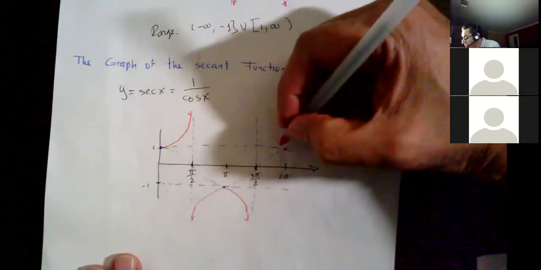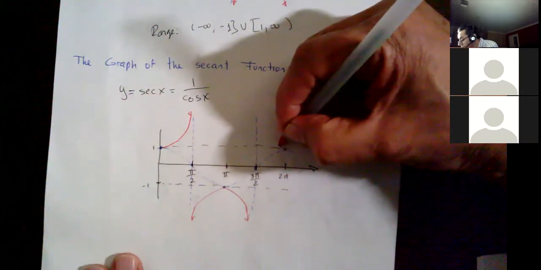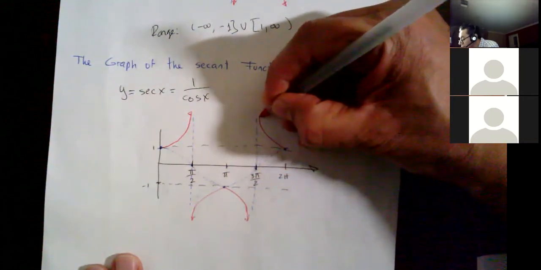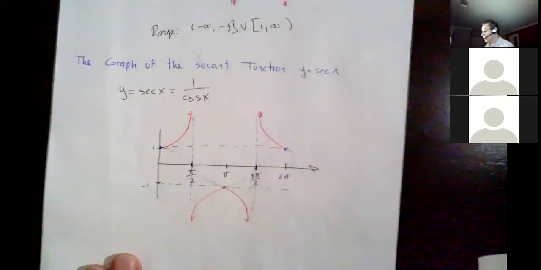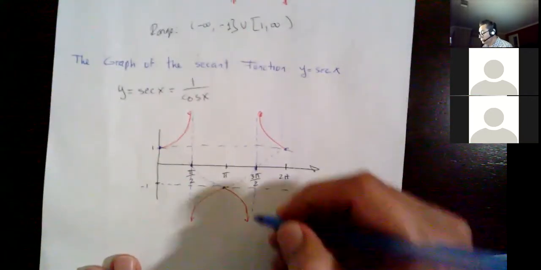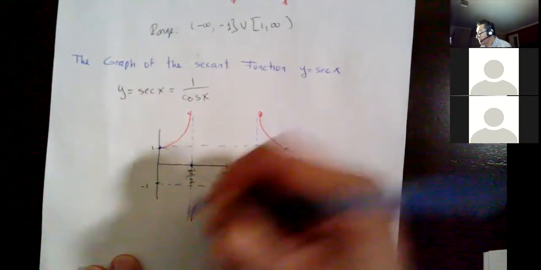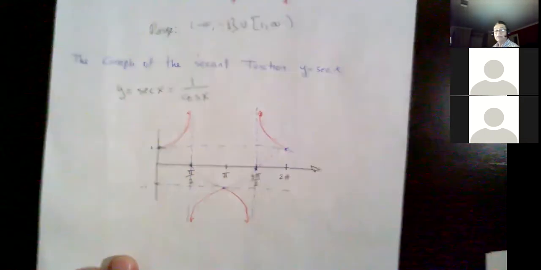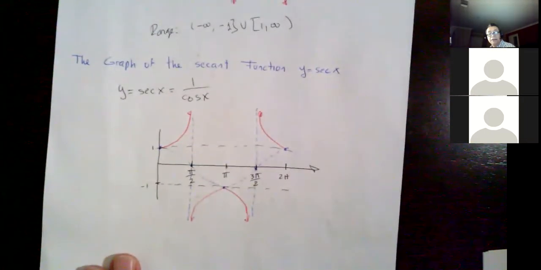And here at 2 pi, you go right there. The graph in red, you guys, that's the graph of the secant. So again, I'm using the cosine to get the graph of the secant.